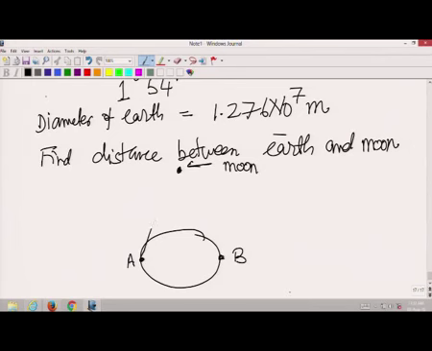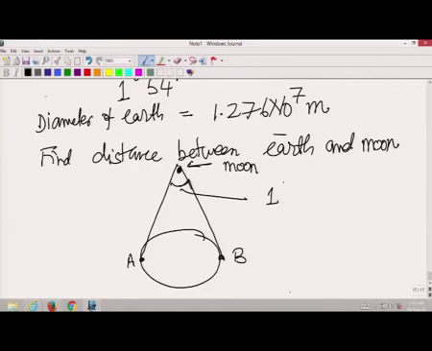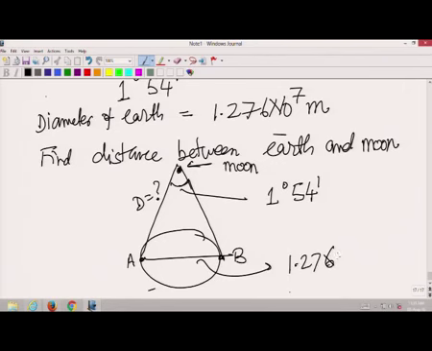Now, what is given to us is that from 2 different observation points we observe moon, and this angle is 1 degree 54 minutes, and we have to find the distance between earth and moon. So, capital D is the unknown here, the angle given is 1 degree 54 minutes, and the distance AB is given to us as 1.276 into 10 to the power of 7 meters.